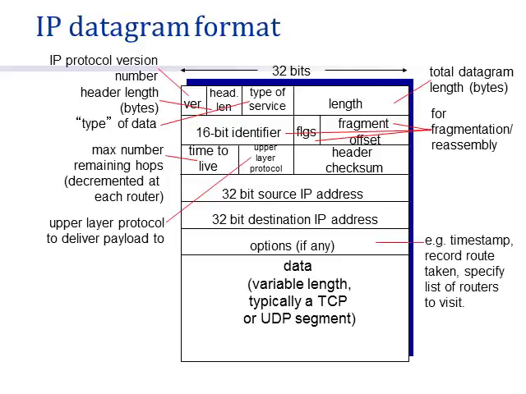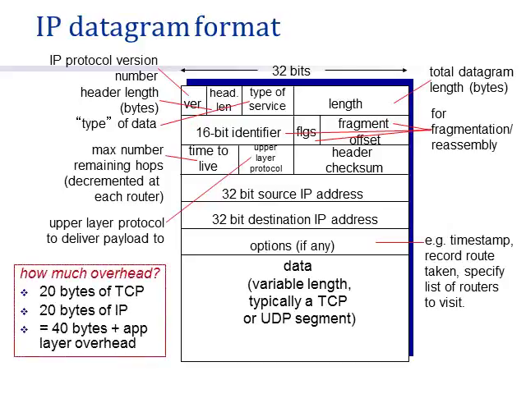Note that this IP datagram has a total header length of 20 bytes, assuming no option fields. If the datagram carries a TCP segment, then each datagram carries a total of 40 bytes of header. Within that 40 bytes, 20 bytes are for TCP, as we have seen in the transport layer, and the other 20 bytes are for IP.